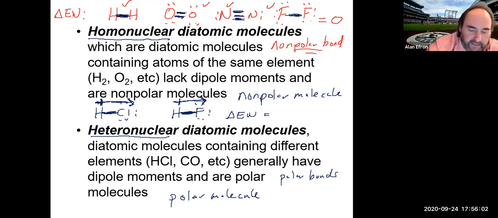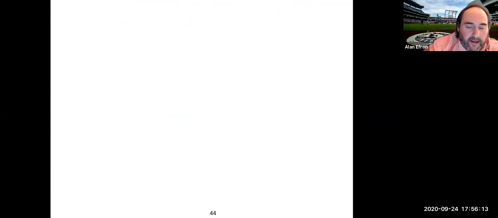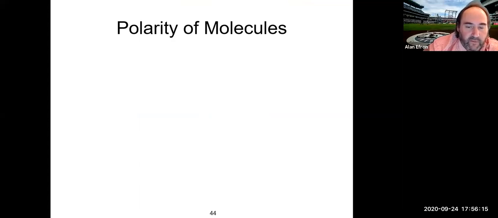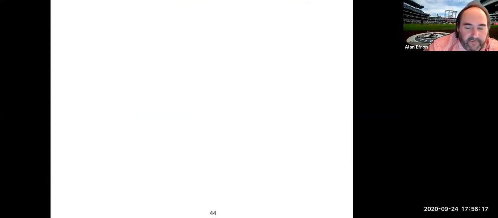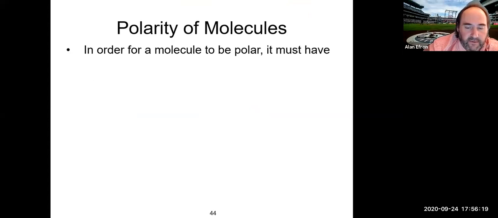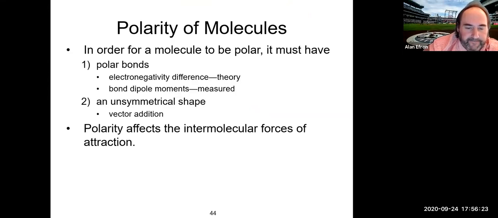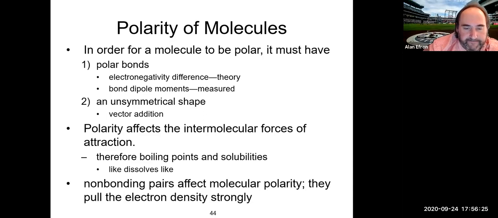Now, if everything was that simple, that would be great, but of course it's life, so it's not going to be that simple. When we do get 3 or more atoms involved, we have to look at a couple of things. We need to look at whether the molecule has polar bonds.